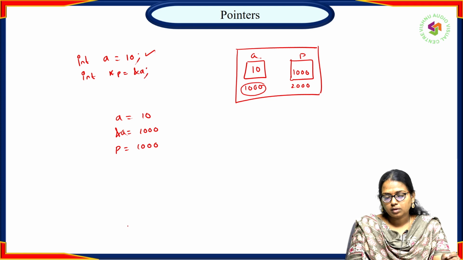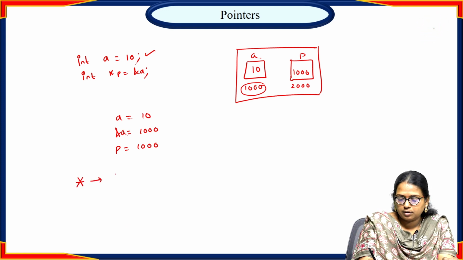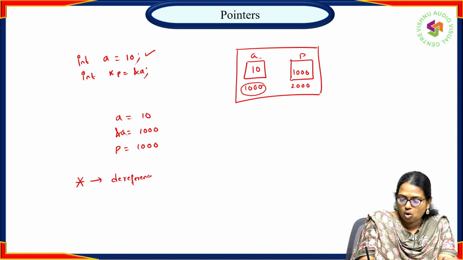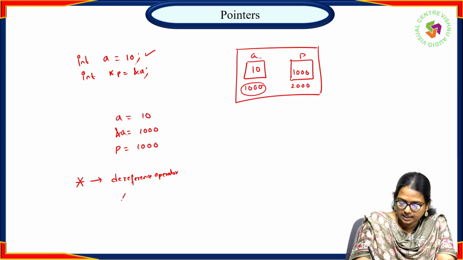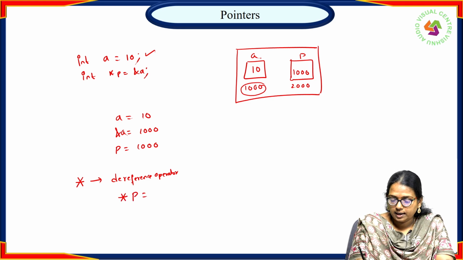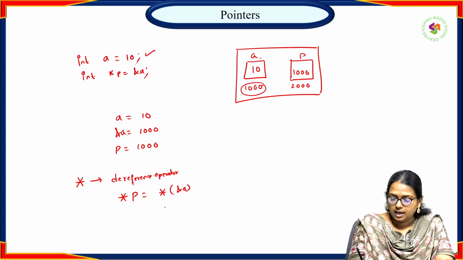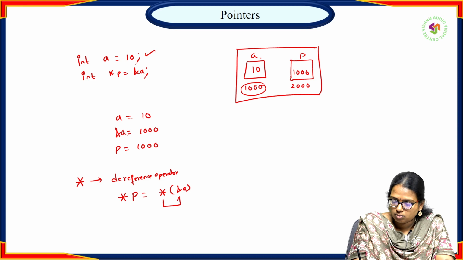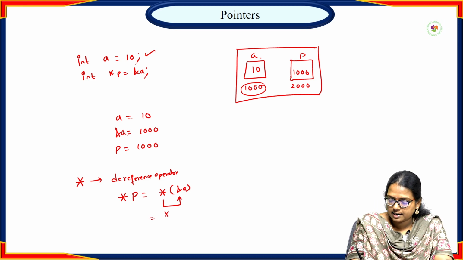Now here asterisk has one name, that is dereference operator. Why it is called dereference means, for example, if you print star p, pointer p means pointer address of a. It indicates the value at this address a. So what is the value at the address a?